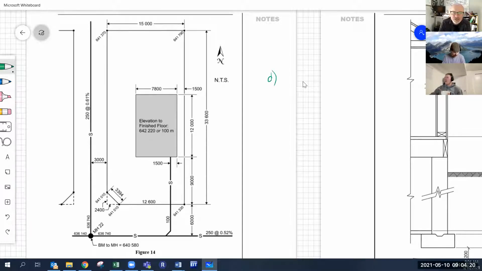I think question D is asking what is the area of the house in meters squared? I want you to take a minute and see if you could come up with that answer. So area of a square is length times width is equal to the area. And we want it in square meters.